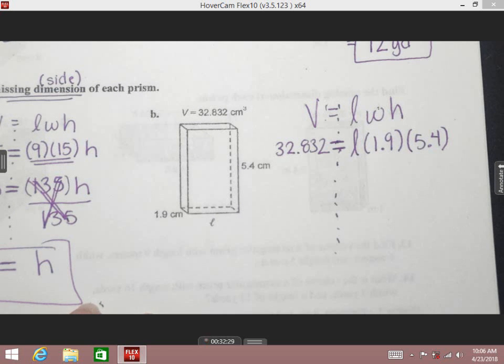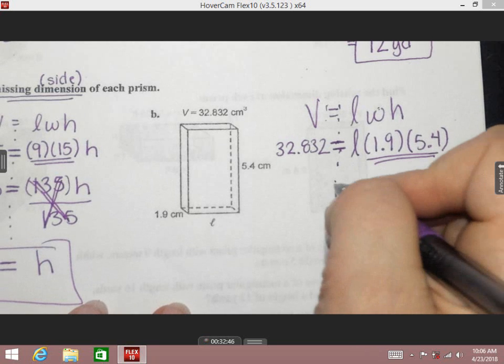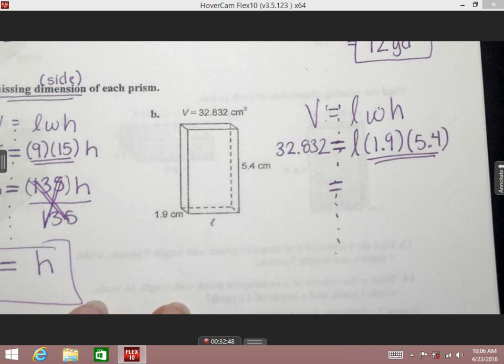Taylor. We're going to do that multiplication, 1.9 times 5.4. Now, guys, this is where I am going to get a little funky on you for a second. What do I get when I multiply that, Sophia?